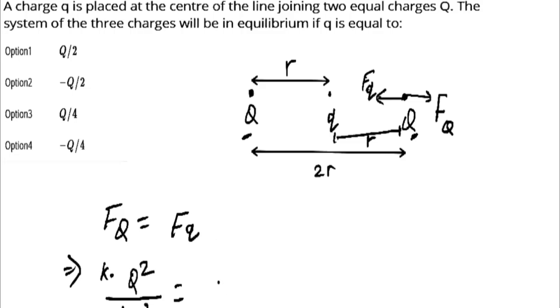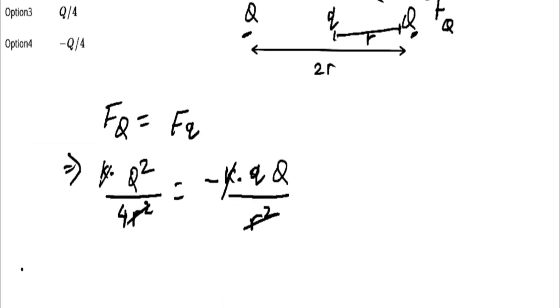So we write minus k times small q times capital Q upon r squared, since the distance between these two charges is small r. Now cancel k and k, and r squared and r squared, and you'll get small q equals capital Q upon 4 with a negative sign.